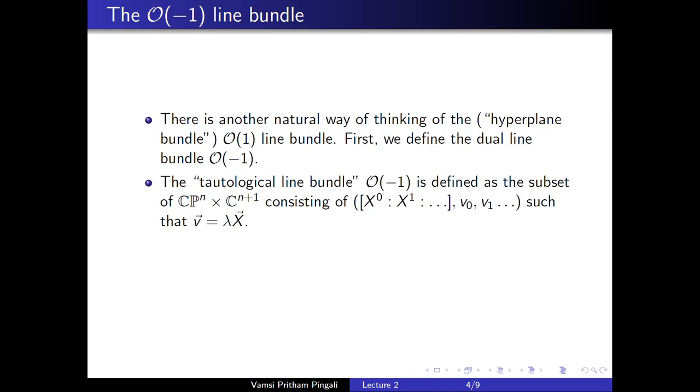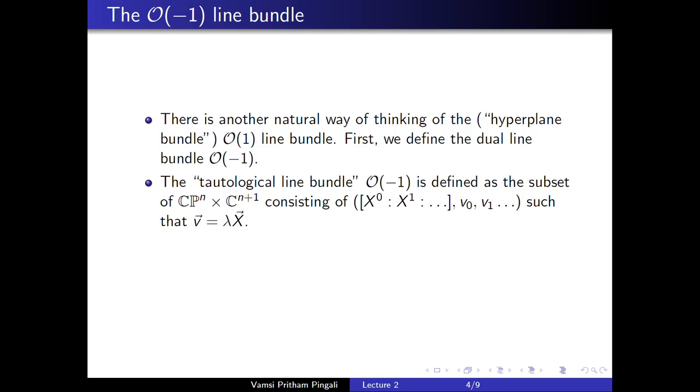In other words, if you take a point in CP^n whose homogeneous coordinates are these, and a vector in C^(n+1) such that this vector lies in this line, in other words, v is lambda times x, that is a very natural set. And this set has a projection to CP^n such that the pre-image of every point is a one-dimensional vector space.